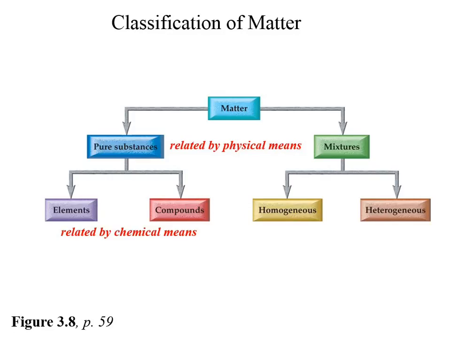We talked about atoms of elements, and elements can be built up to make compounds by a chemical reaction. We'll talk more about chemical reactions in Unit 4. You can take a compound and break it down into its elements by chemical reactions. So we're talking about compounds here.